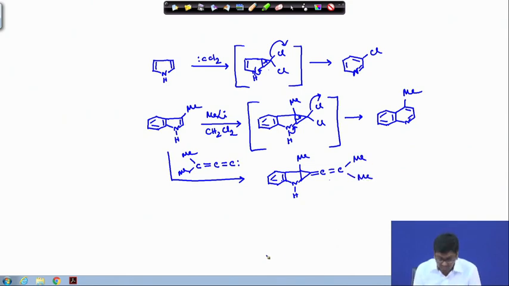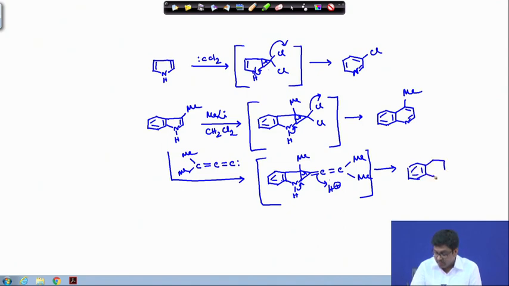And once it generates, then in a similar way this ring expansion will happen, and this will pick up the proton from the reaction medium, and overall this will again provide the ring expanded quinoline moiety, and it will give this type of quinoline derivative having one vinyl group with it.